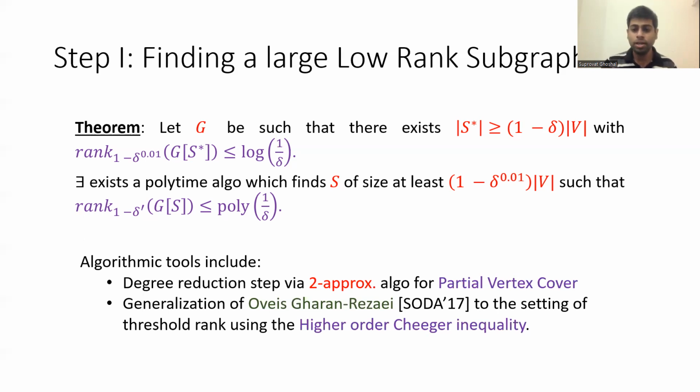We also use a generalization of Oveis Gharan and Trevisan's work, which gave an algorithm for finding a large expander hidden inside a graph which contains a large expander. And we generalize parts of their work to the setting of low threshold rank, and this generalization crucially uses the higher order Cheeger inequality.